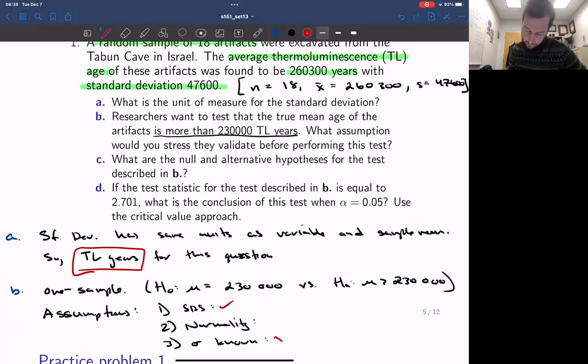We don't have sigma, but that doesn't matter because even if we don't have sigma, we can just run a t-test, right? So that's not a big deal. So the thing that we don't have any information on is whether or not the population that we sampled from is normal. So if there was one assumption that we wanted to stress that has to be validated or tested, it would be the normality assumption in this case.